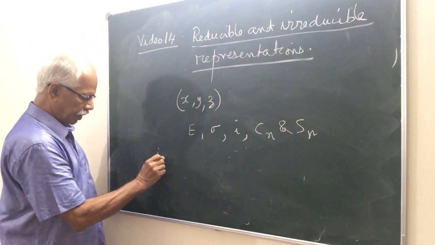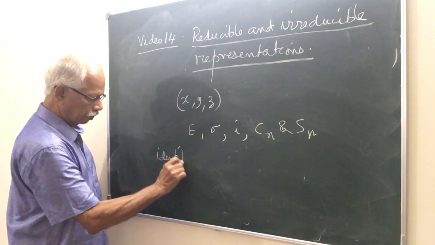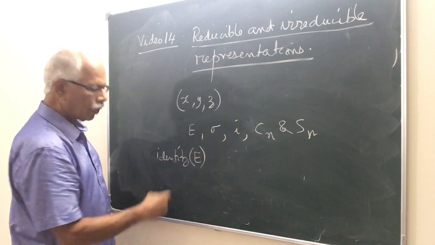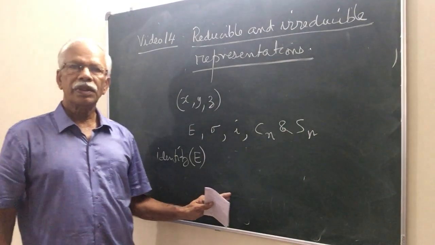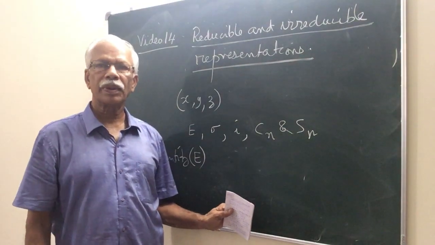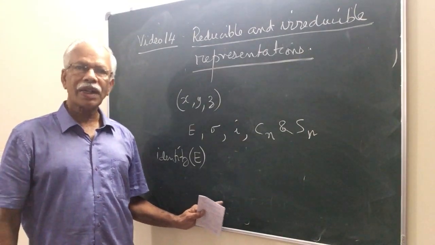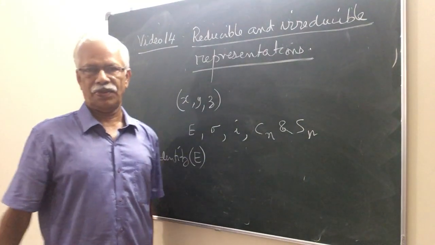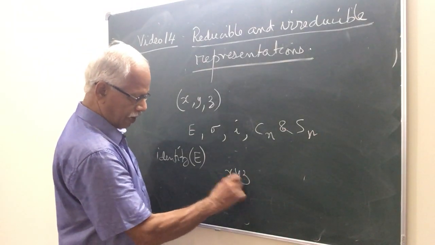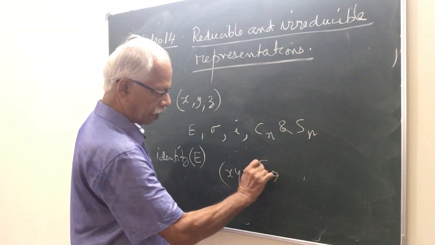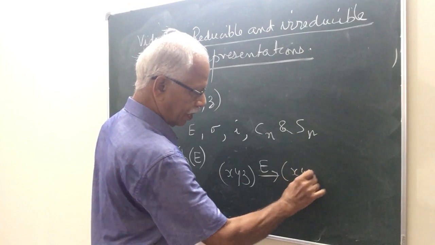Firstly, identity. We know that identity changes the starting coordinates to itself because it is the act of doing nothing. That is x, y, z on identity operation returns to x, y, z.